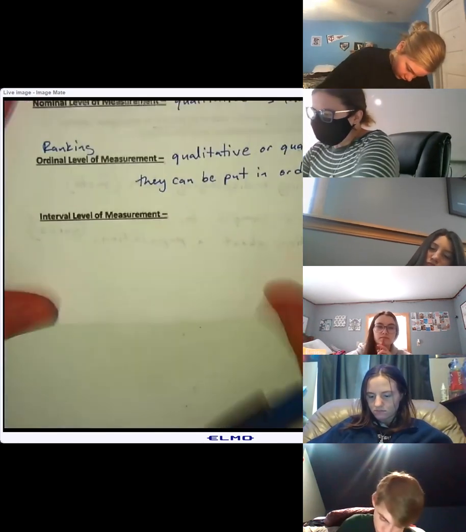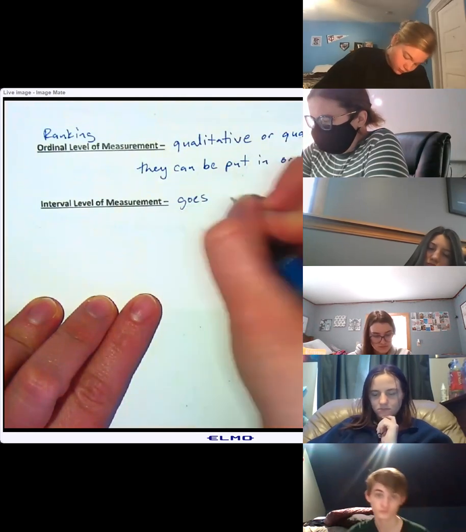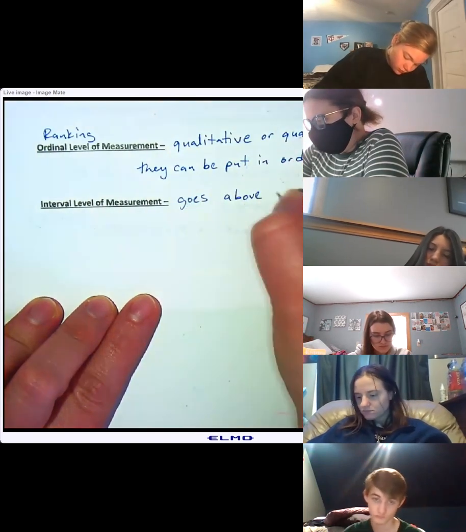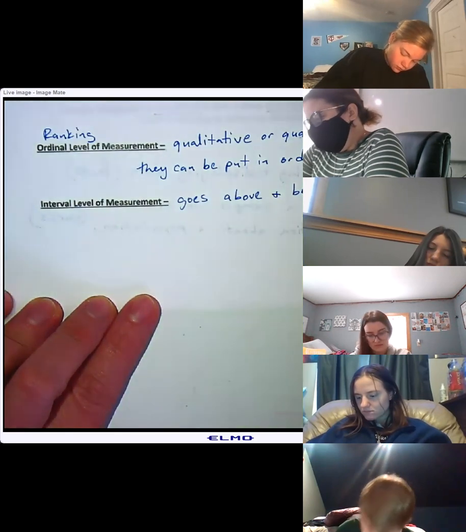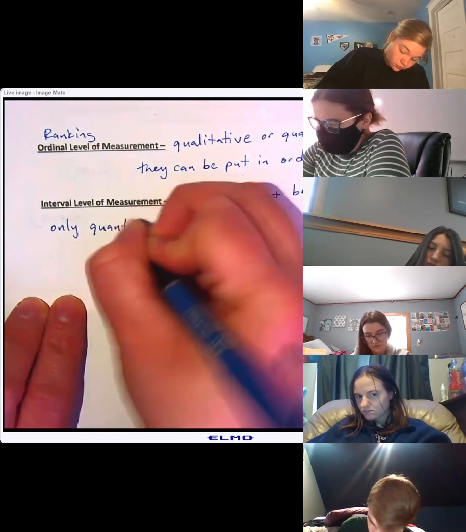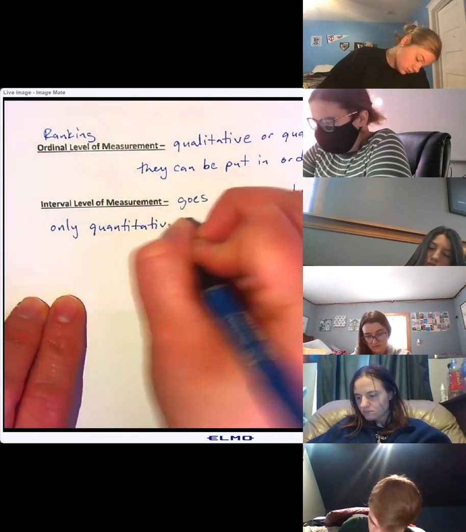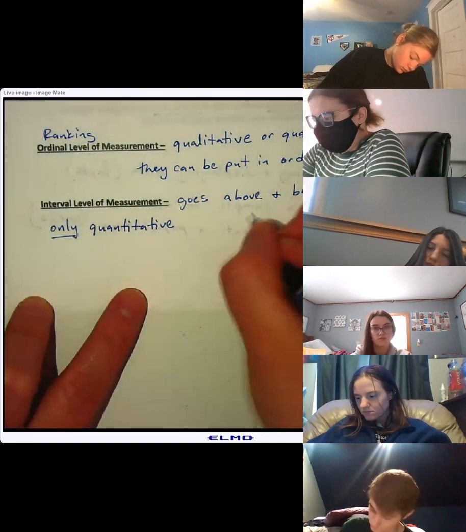Interval goes above and below 0. This one's only quantitative. By putting the time into the x, your y is going to be your distance. This is a scale.